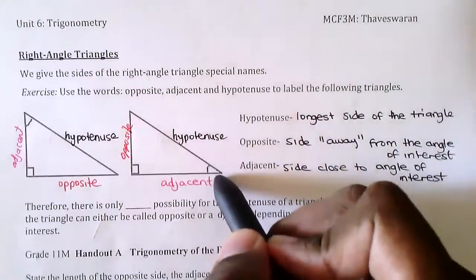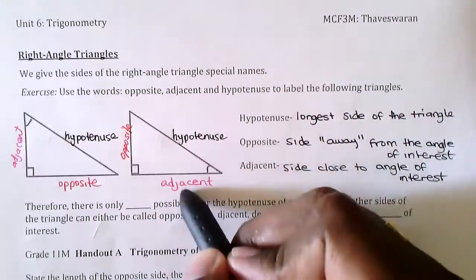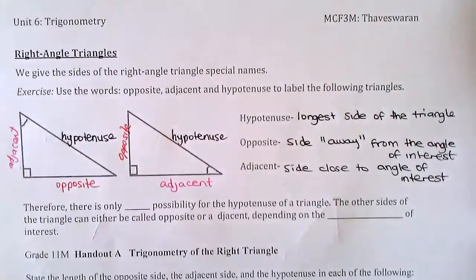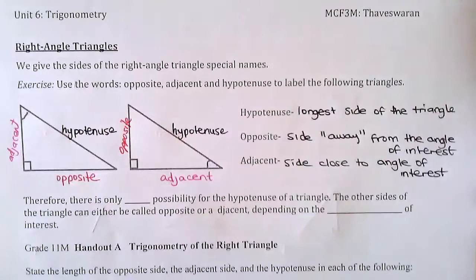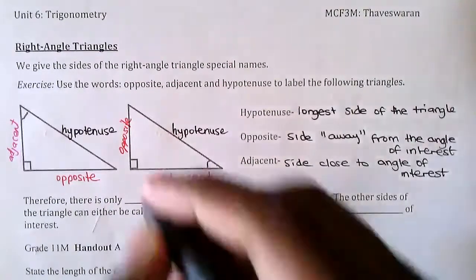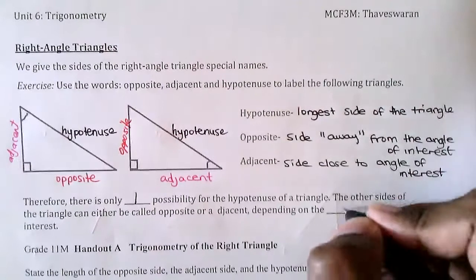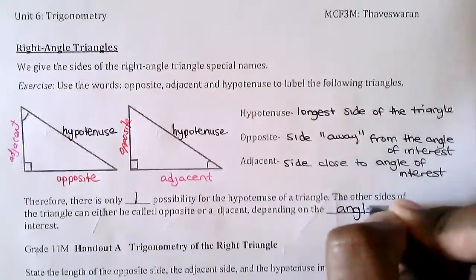Here, we define this as our angle of interest, the side close to it was our adjacent, the side away was our opposite. Okay? So the summary here is there's only one possibility for the hypotenuse of a triangle. The other sides of the triangle can either be called opposite or adjacent, depending on the angle of interest.